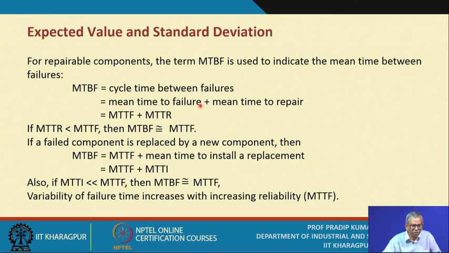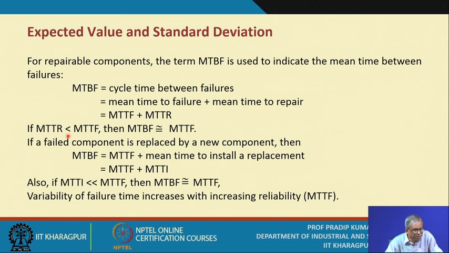So in the cycle time there will be both the time to failure as well as the time to repair. So when you consider several cycle times, obviously you can calculate the mean time to failure, and you will have mean time to failure plus mean time to repair. So MTTF plus MTTR, mean time to repair.